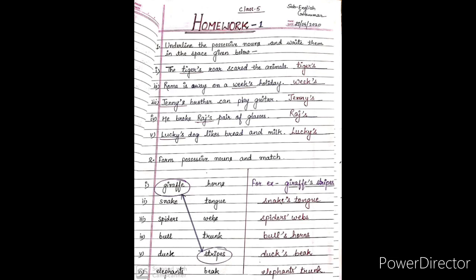Duck is a singular noun and we will put apostrophe s, so it will be duck's beak. Clear? Now elephants are plural, so we'll just add an apostrophe and it will be elephants' trunks. I hope it's clear, students.